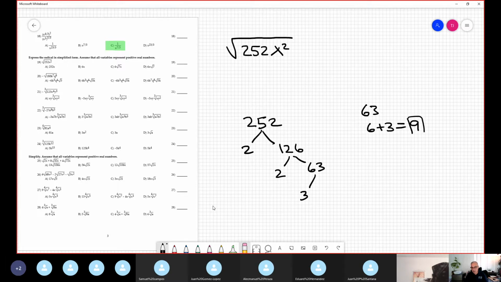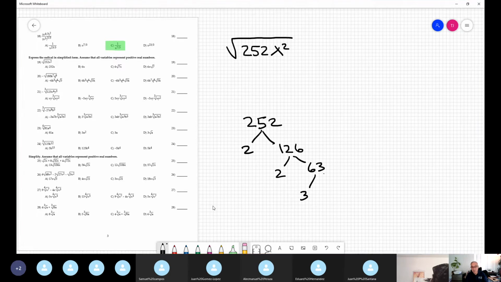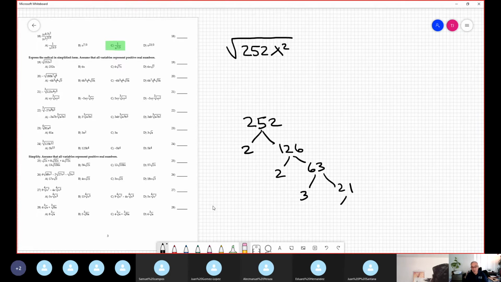See, this result is divisible by 3. Of course, the big number 63 is divisible by 3 also, no? Okay, this is the idea for the rule of divisibility by 3. Divisible by 2 is when it ends in even or 0. So 63 divided by 3 is 21. And 21, you know, is 3 and 7.